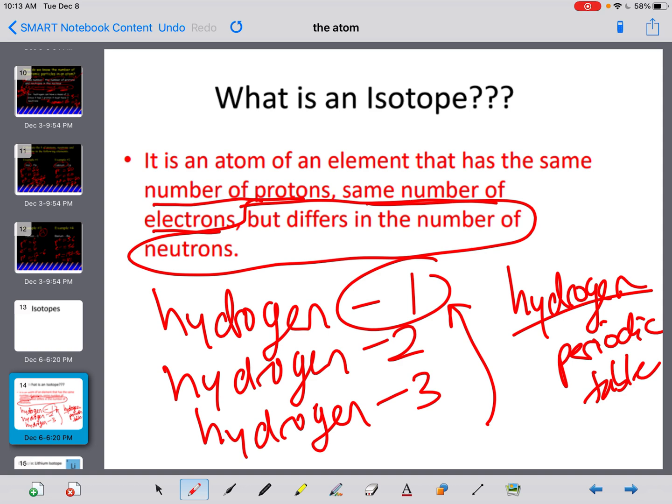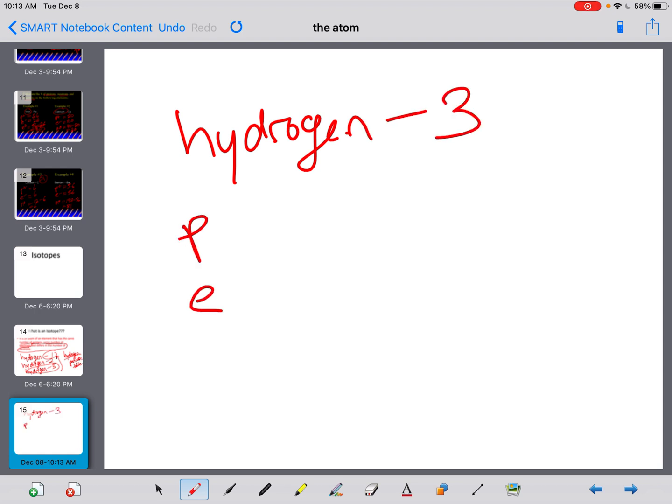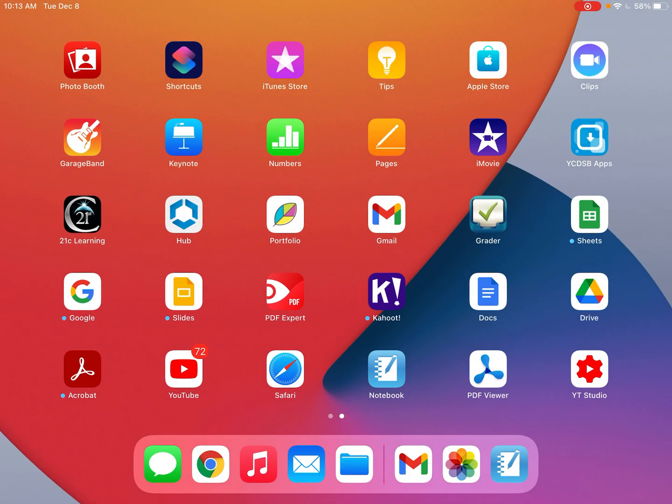Okay, so same thing here. If I have hydrogen-3, that means I'm not talking about the hydrogen from the periodic table average. I'm using hydrogen with a dash of 3. So for example, if I wanted to find the P-E-N number for hydrogen-3, the proton number never changes.